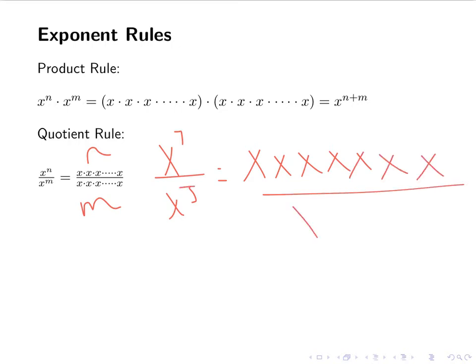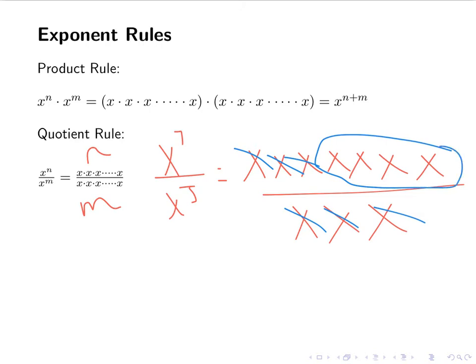Now it's supposed to be cubed, and I have 3 x's on the bottom. So one of my x's cancels, another cancels, and another cancels. So if n, the numerator one, is bigger, then I still have x's left on top, and how many I have is 7 minus 3.